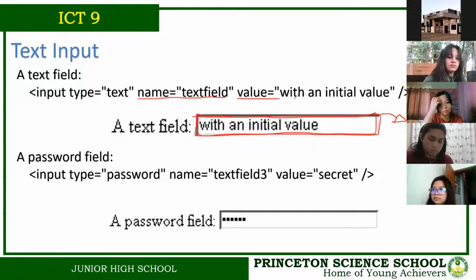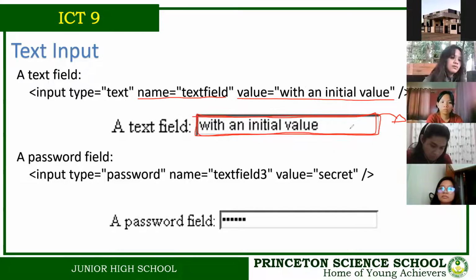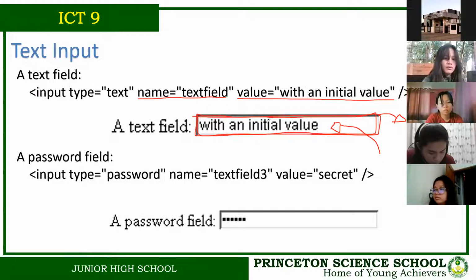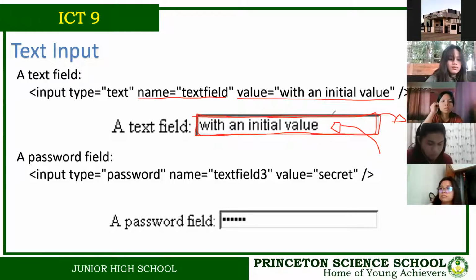And then we have our value. Its purpose is to provide the initial value inside our text box. It is referring to this one. Once you run your text box, it will automatically have its default value inside.